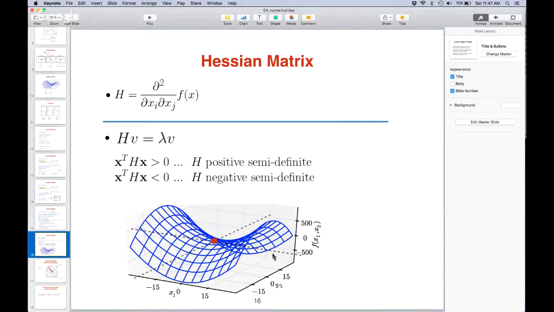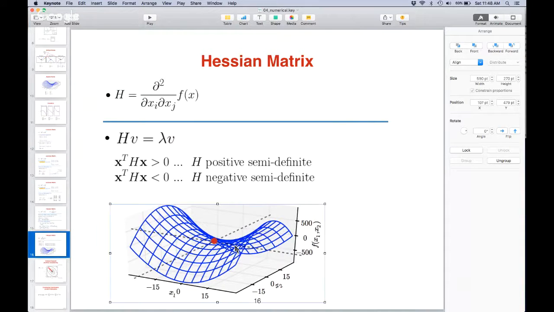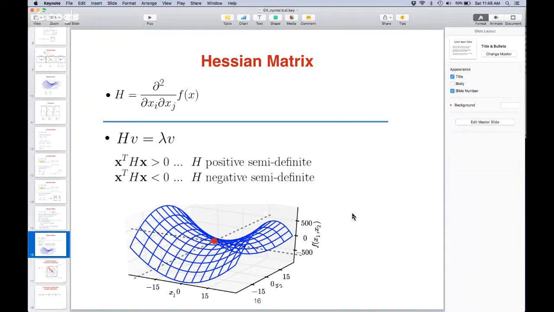And in the saddle point, for instance, the eigenvector will be in this direction and in this direction. It's going to have two eigenvectors. It's going to be a 2 by 2 symmetric matrix, Hessian matrix, that is.